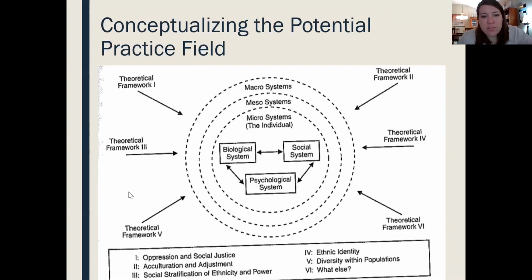And then you have lots of different theoretical frameworks that you can apply to these various systems. Theoretical framework 1 talks about oppression and social justice. Theoretical framework 2, you could use acculturation and adjustment. Social stratification of ethnicity and power, ethnic diversity, diversity within populations, feminist theory. You could use a lot of different theoretical frameworks when you're looking at someone's ecosystem.